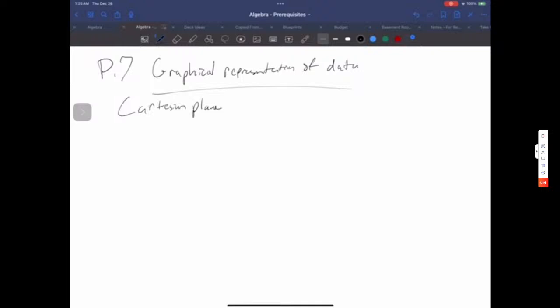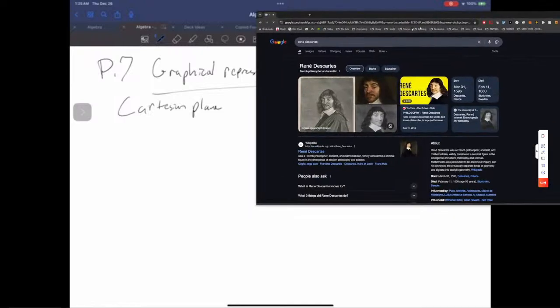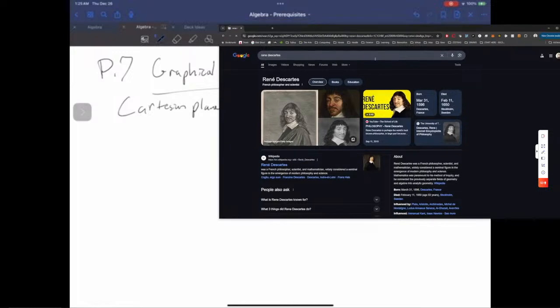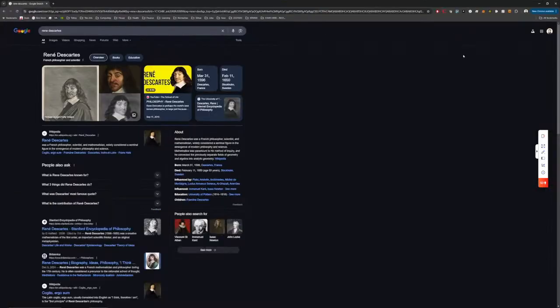So René Descartes was a French philosopher and a scientist. We're going to tear this window off. And I hope I don't hit any copyright crap. This is for education, as a defense for fair use. René Descartes is the guy that came up with the Cartesian plane.